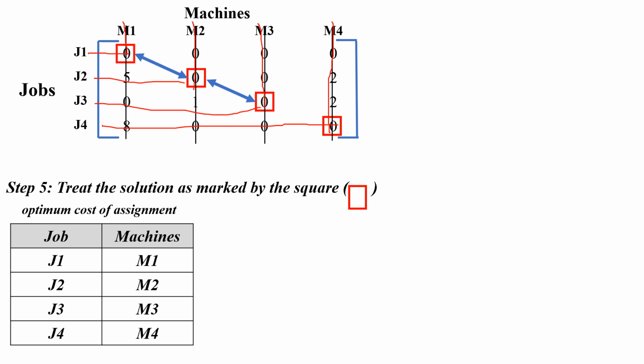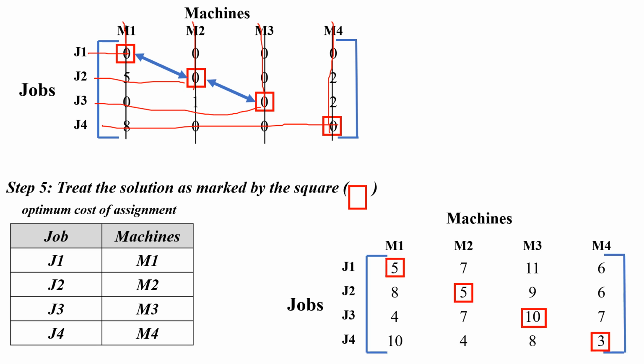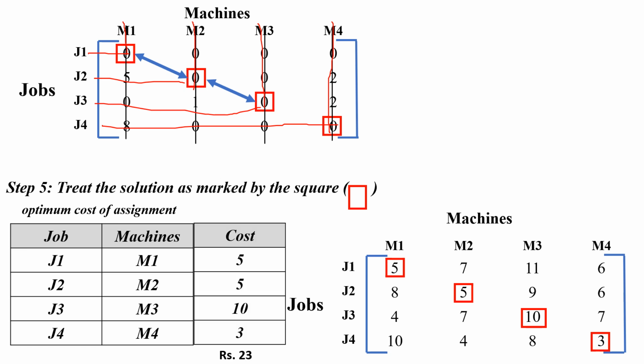For the optimal cost, we have to check the initial cost matrix and write down the cost for each assignment. For job J1 with machine M1 the cost is 5 rupees, for job J2 with machine M2 the cost is 5 rupees, for job J3 with machine M3 the cost is 10, and for job J4 with machine M4 the cost is 3.